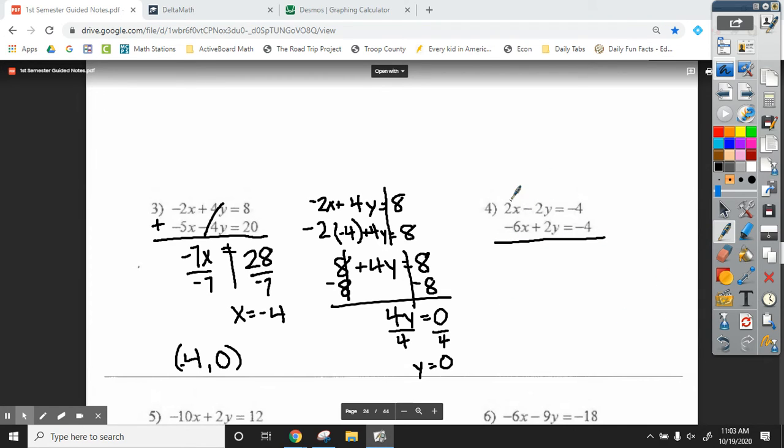For number 4, we see that our y values are opposite. When we add, this will give us -4x equals -8. We divide both sides by -4 to get x by itself, and x will be +2. When we substitute this back in, instead of x, we can put +2.